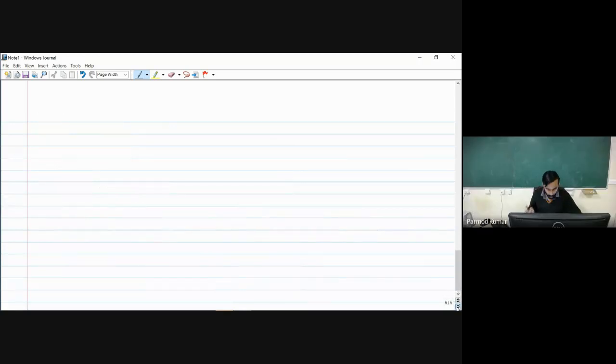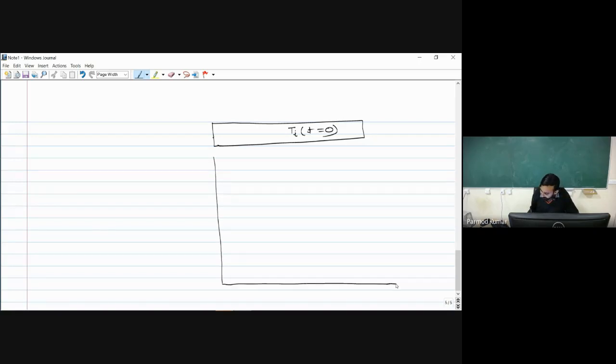Okay, so now let me consider that I have some rod. So this is my rod, and say this rod is initially maintained at some temperature Ti when time t is equal to 0. Okay, so if I now plot the corresponding x versus temperature profile, this is capital T, temperature.